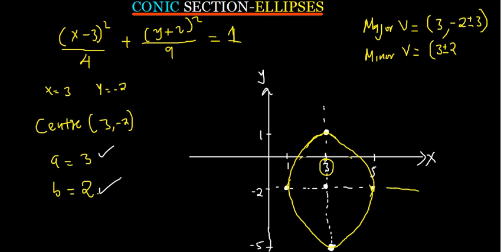So this far ends here. This is the what? The minor vertices. Now, comma, the y value is that same value of the what? Of the center. It's not changing. We are only changing the x values. We are moving like this. We are not changing the y values. So it's still negative 2, the same value of the center, just like we didn't change the x value of the center here. So this is going to be the major and the minor vertices.